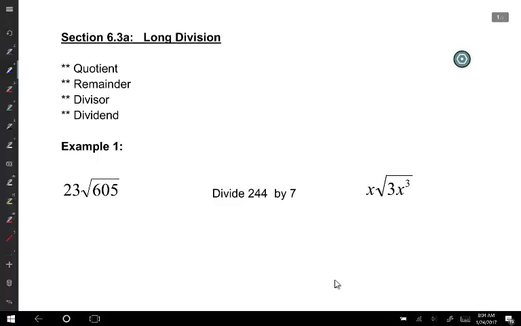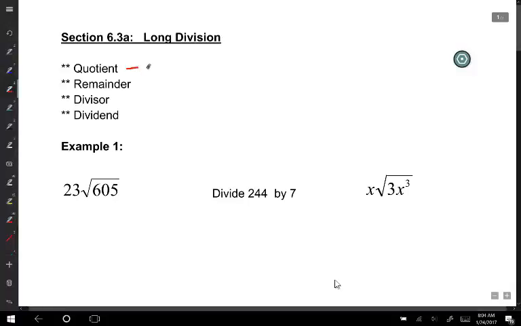So, long division. What is quotient, remainder, divisor, or dividend? Give me definitions of any one of the four from whatever it is that you remember. Marissa. Quotient is the result of a division problem. Okay, that's the result of a division problem.